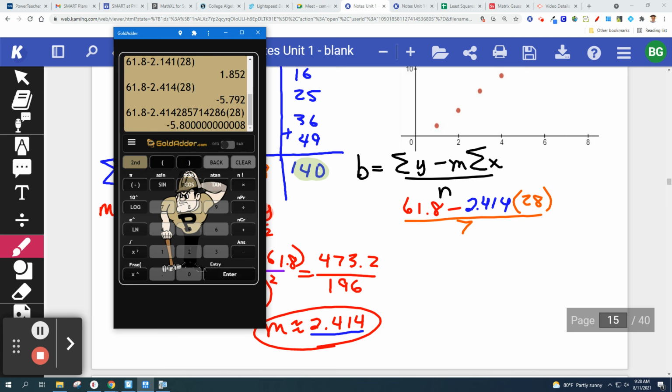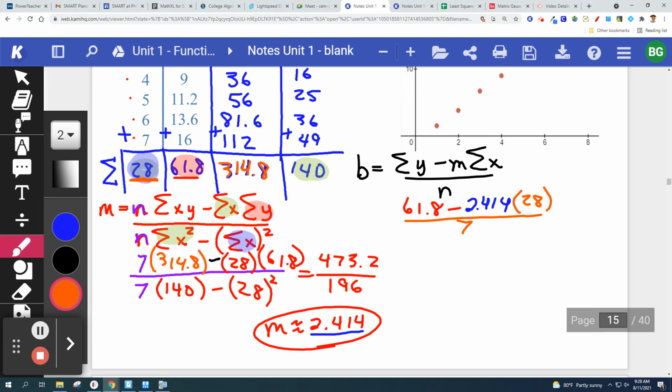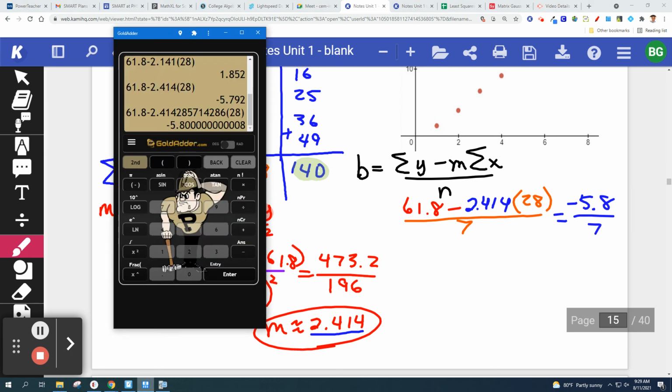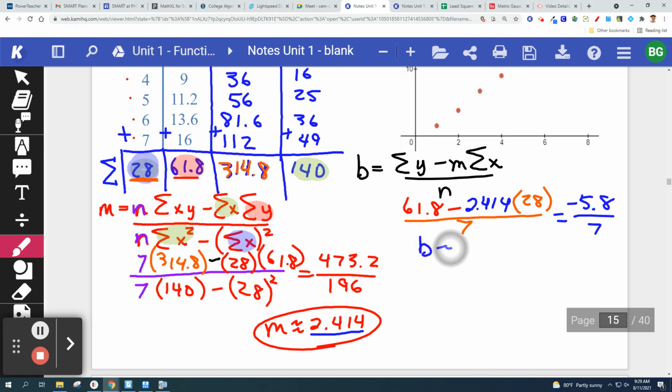So depending on how you round, that's negative 5.8. I'm not super concerned about how accurate you are with that, but I'm going to call that negative 5.8 over 7. And so then take that number divided by 7. Negative 0.829. So B is approximately negative 0.829.